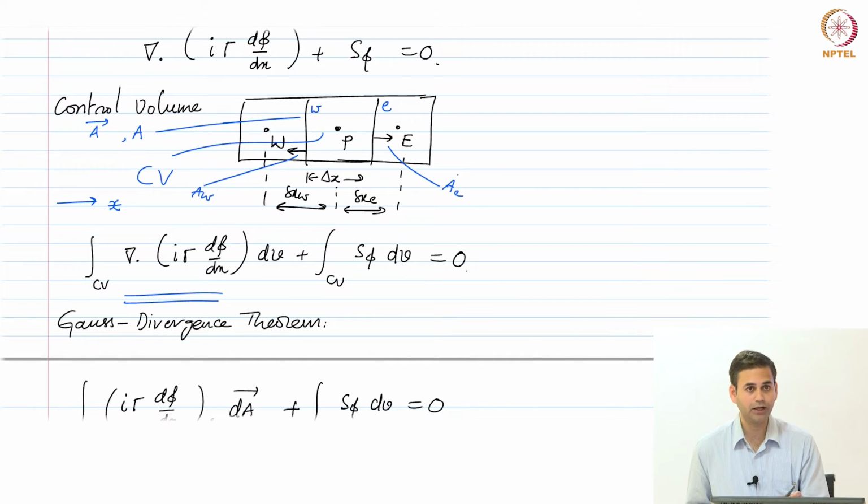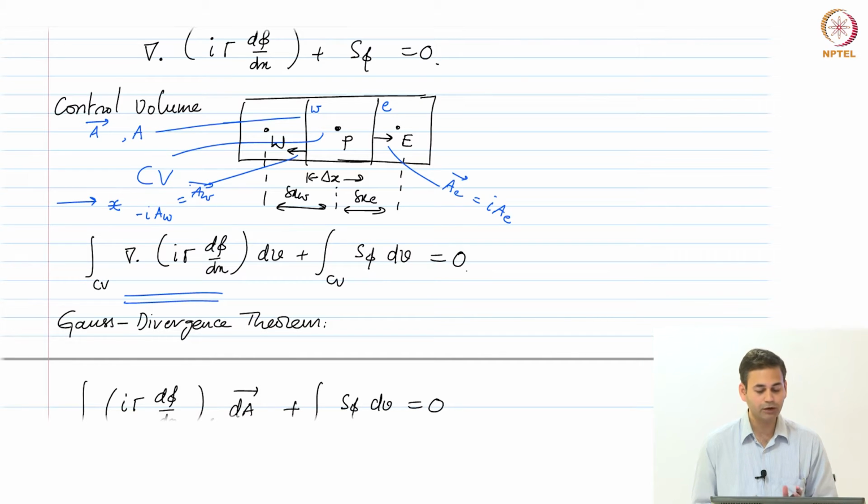A east bar would be i A little e, where A east bar is the vector and A e is the magnitude, and A west bar would be minus i A west. Of course, I am using these east and west subscripts, but we know that all are the same, A east equals A west equals A.